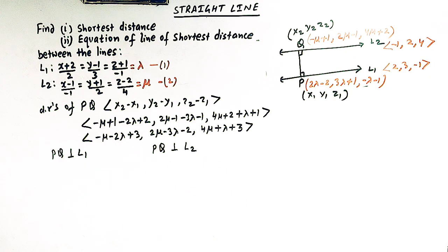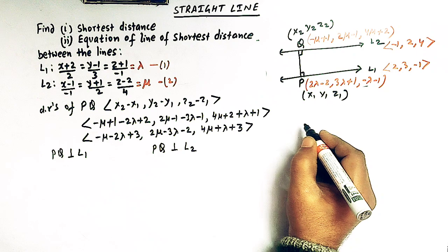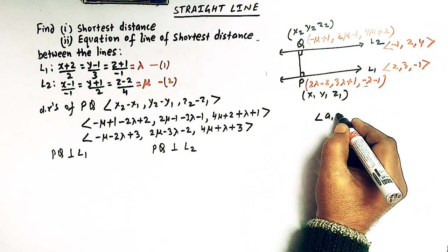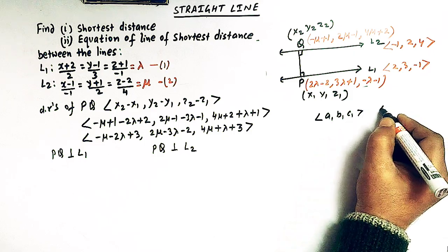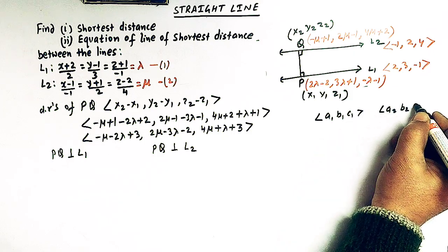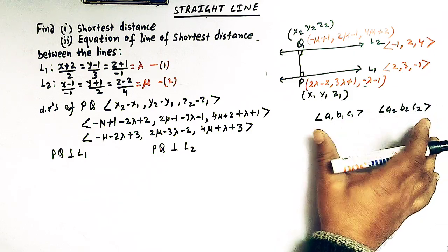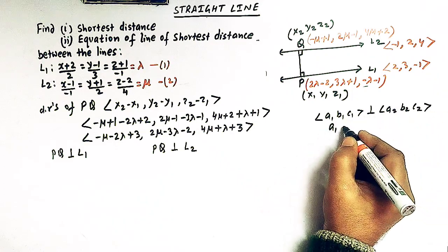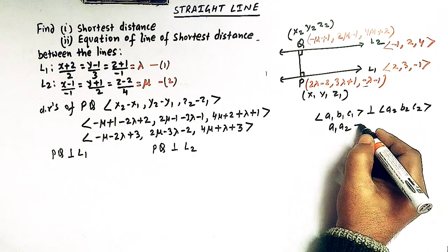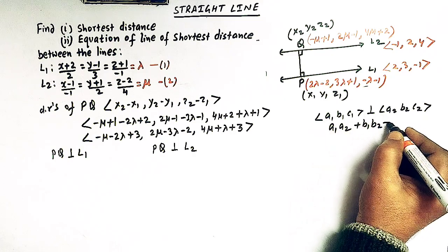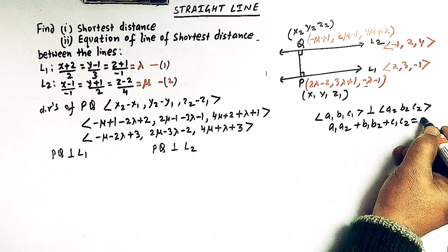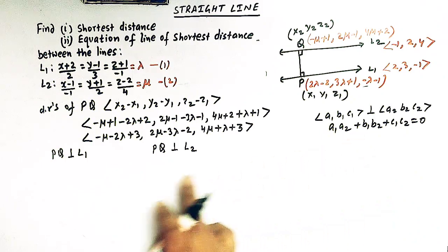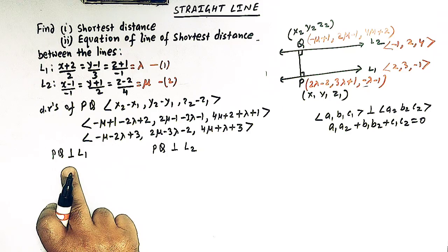And again from vectors we know that if two vectors have direction ratios, say a1 b1 c1 and a2 b2 c2, and if these two vectors are perpendicular, then we have this condition, that is a1 a2 plus b1 b2 plus c1 c2 is equal to 0, right?